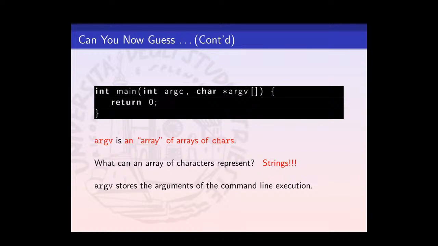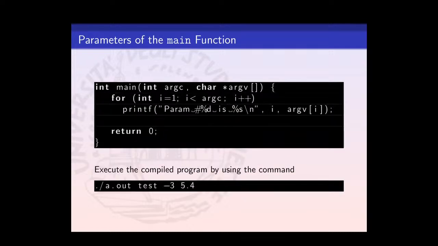So the first element in argv will be a sequence of characters, an array of characters, which contains the first word in the command line, and so the name of the executable. Okay?